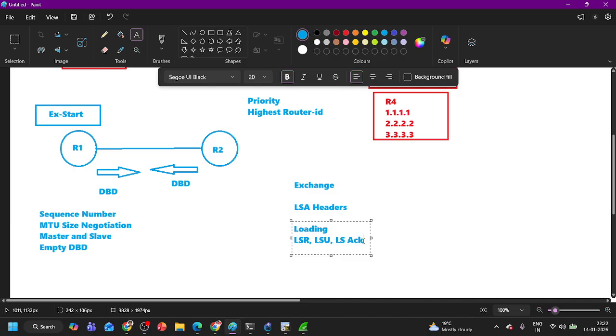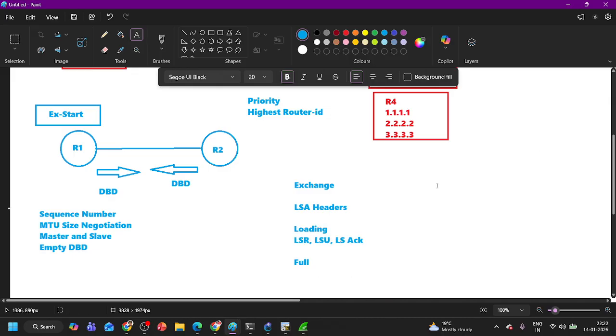Otherwise, in Loading state, routers will exchange all update messages, LSR, LSU and LS ACK, and when these three messages are exchanged, the state will move to Full. So Full means the database is already synchronized.